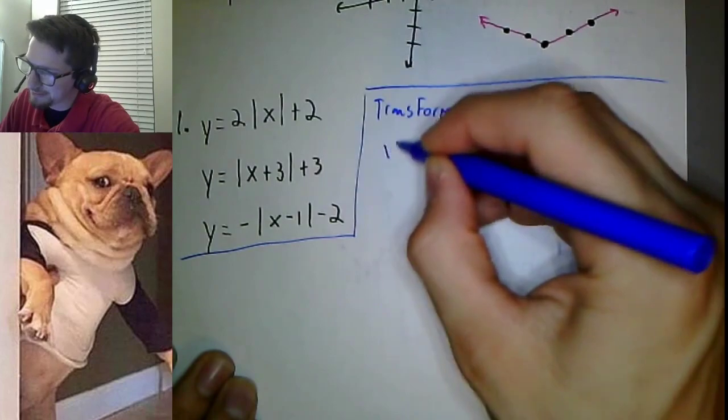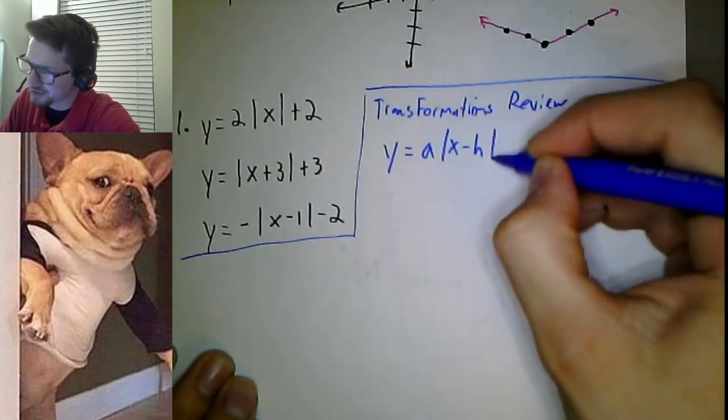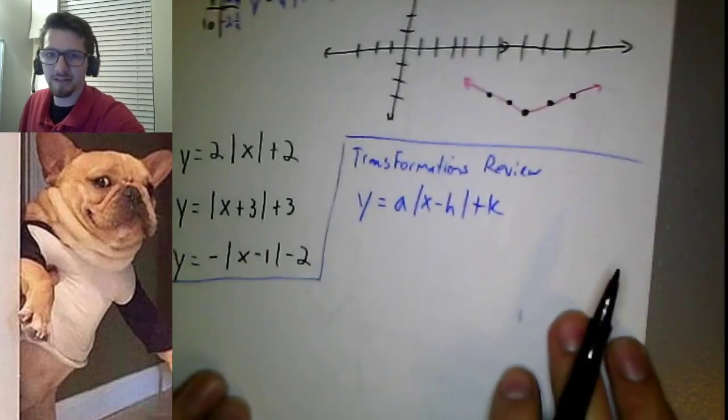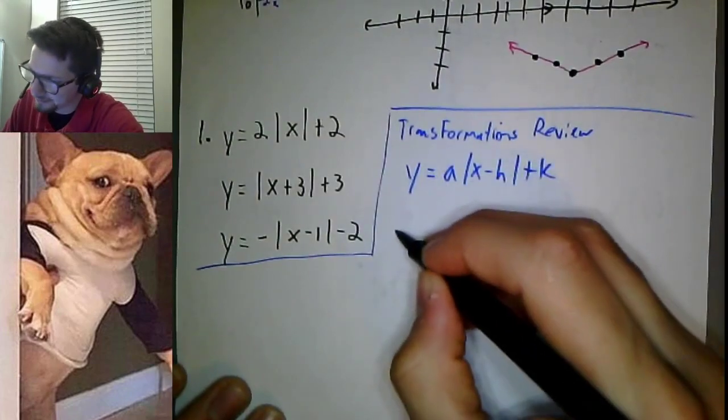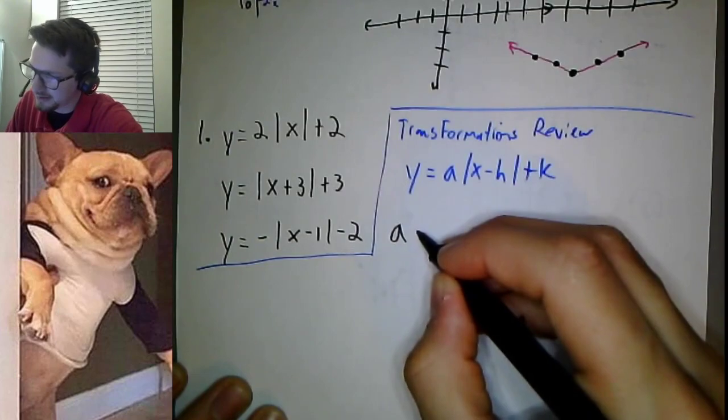So, talking about absolute value functions. Y equals a times the quantity of x minus h, plus k. Let's talk about a. So a, let's show some examples.